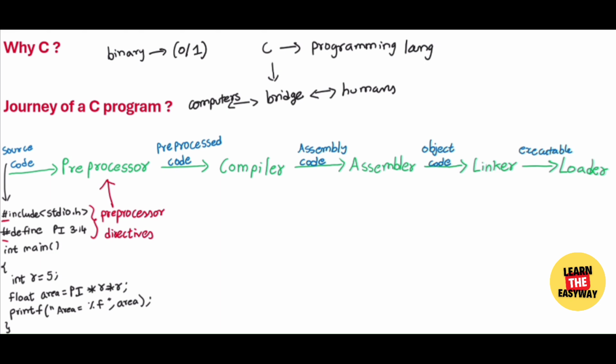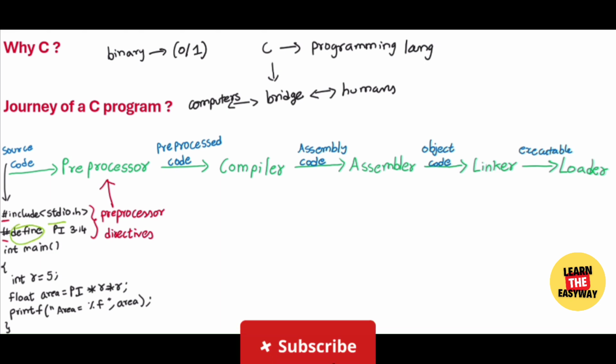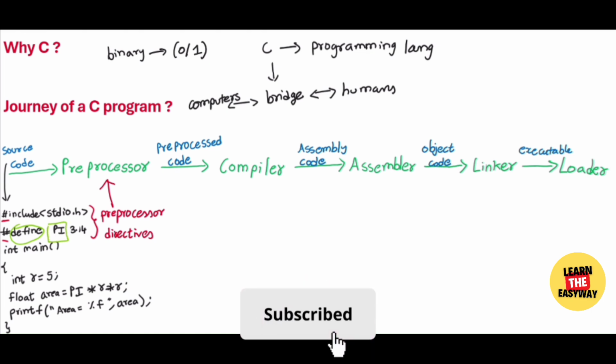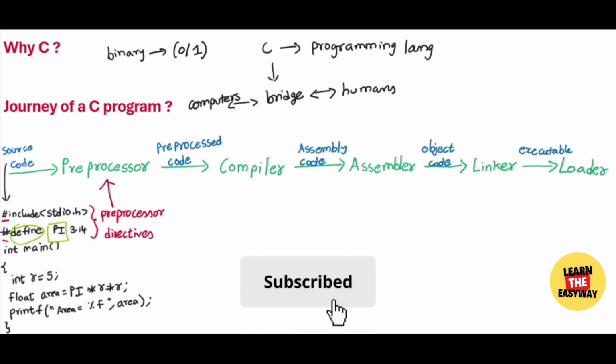For example, #define is used to define a macro. Here pi is a macro. A macro means simply a constant variable. And #include is used to include a file into our source code. We will get to know them deeper in the upcoming steps.